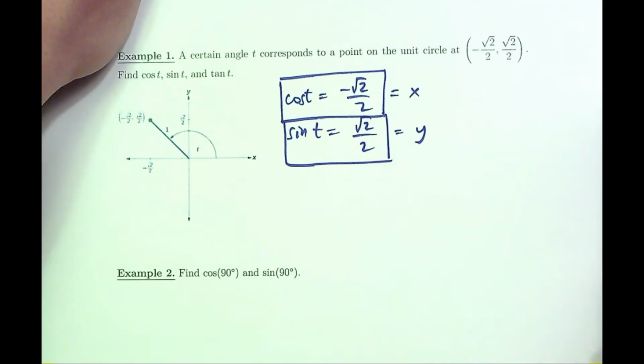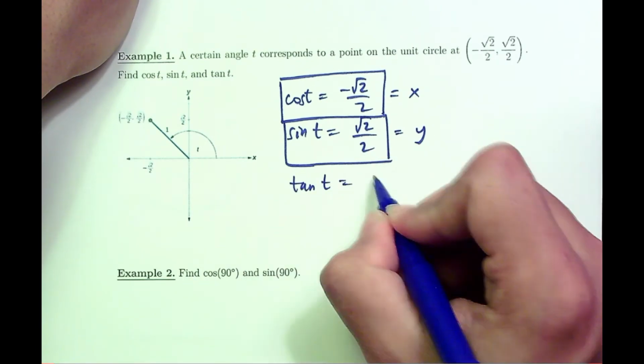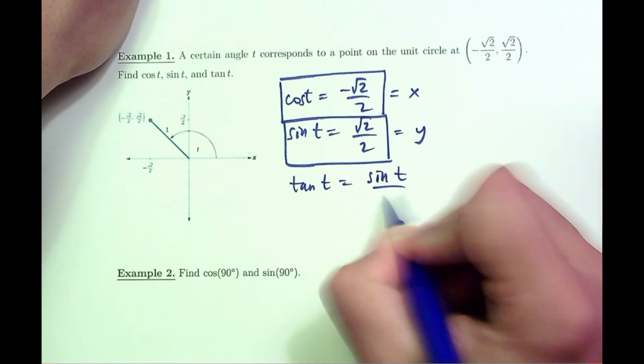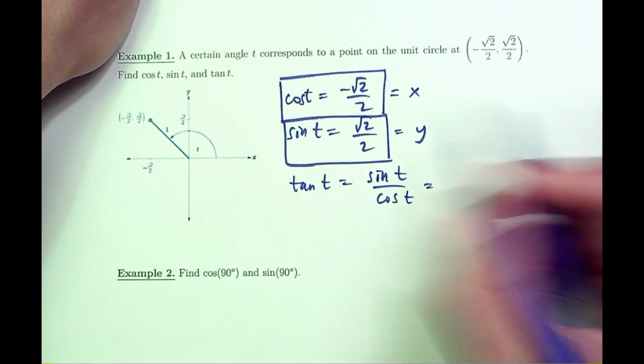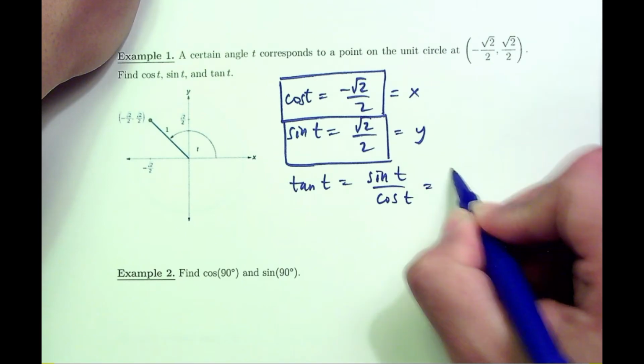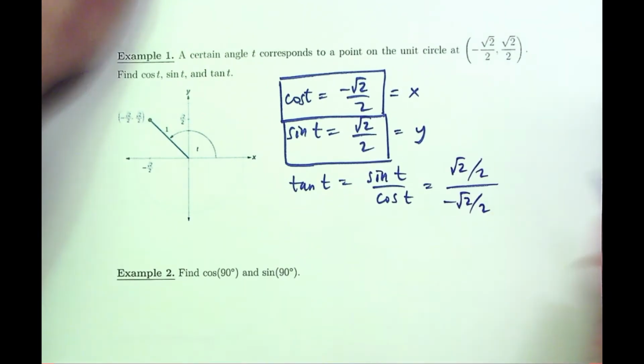And now, what is the tangent? The tangent of t is just going to be sine over cosine. Let's divide. Sine is square root of 2 over 2 over the cosine, negative square root of 2 over 2.